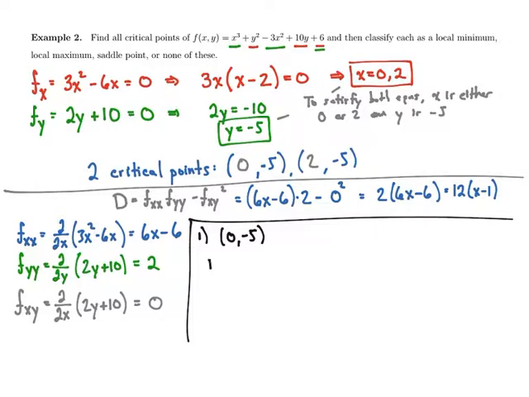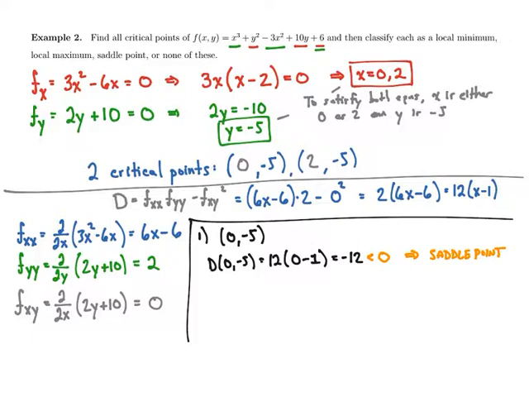So D of (0, negative 5) is going to be 12 times 0 minus 1. We plug in 0 for x. And that'll give us negative 12. That is less than 0. So the second derivative test tells us that that's going to be a saddle point.